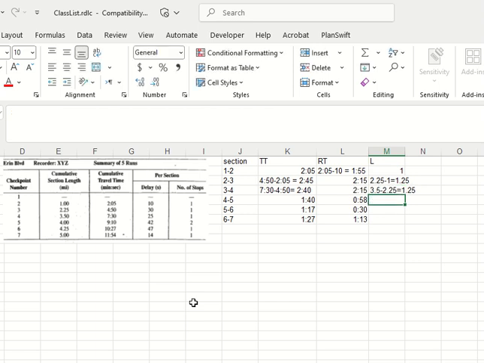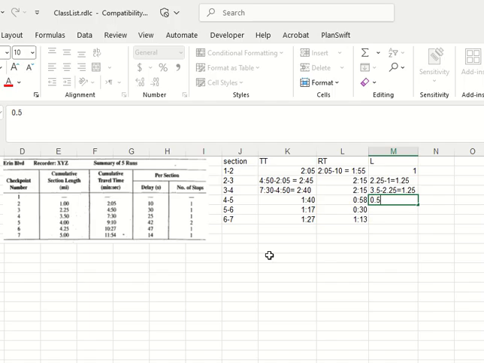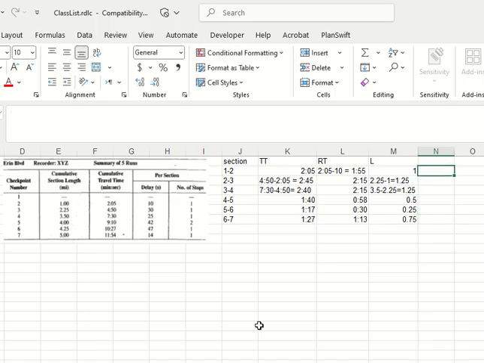Then the next one, 4 minus 3.5, 0.5. Next one is 4.25 minus 4, 0.25. The last one is 5 minus 4.25, which is 0.75. Okay, now if you want to calculate travel speed, it will be distance upon time.